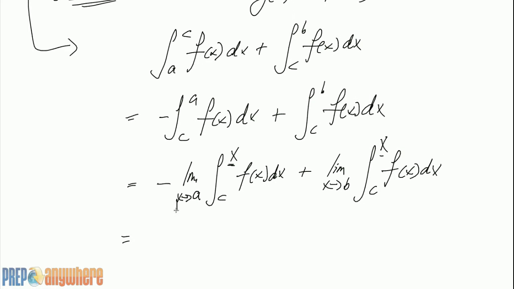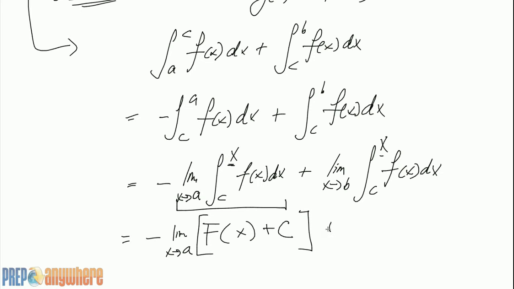Now this part here I can replace with limit x approaching a, big F at x plus c. This here I can replace with big F at x plus c. Here the limit is approaching c, b though.